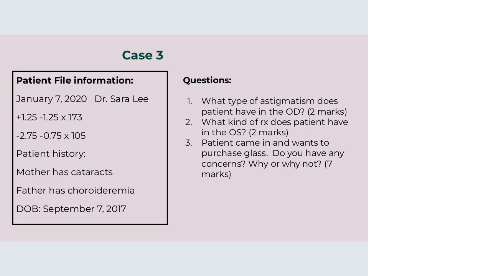Another thing that's on here, which you may not realize, is that what the father has is an inherited retinal disorder. And so this child needs to be followed to ensure that there are no issues, because you could potentially have it. All right.